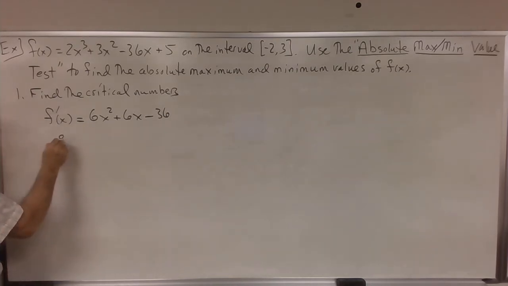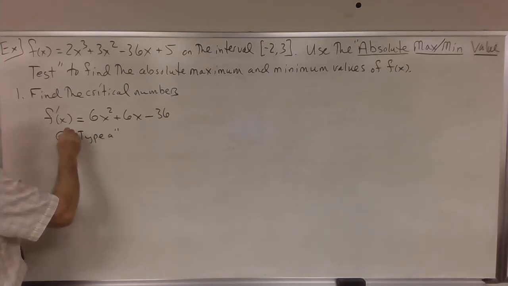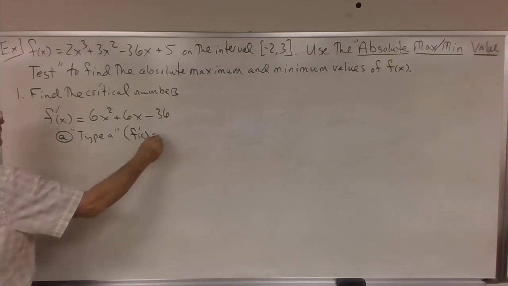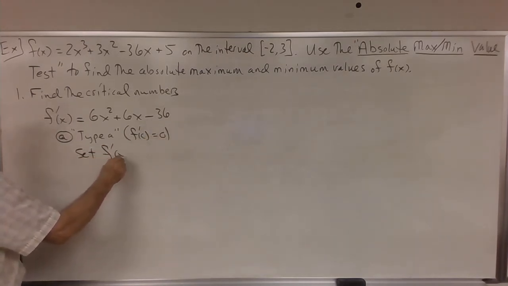And for type A critical numbers, f prime of c is 0. So we set the derivative to 0.